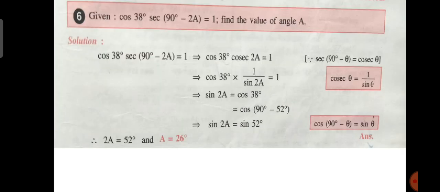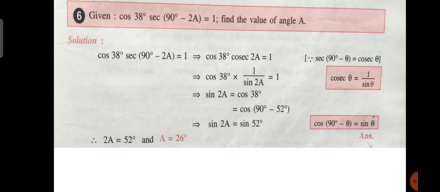Okay, the sin A by cos A whole divided by sec square A. Okay, so this is how it is solved, and so RHS is equal to LHS, so you will get the answer.